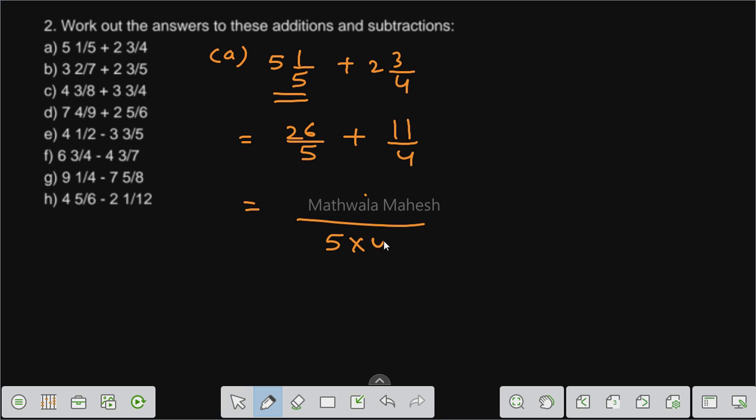Five into 4, and now cross multiply these numbers. Multiply 26 by 4 and multiply 11 by 5. So 26 into 4 plus 5 into 11.